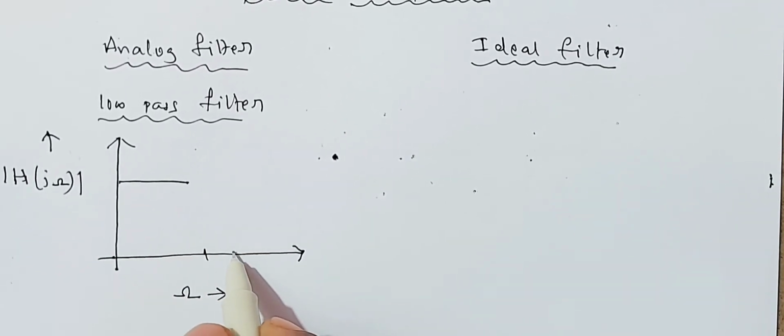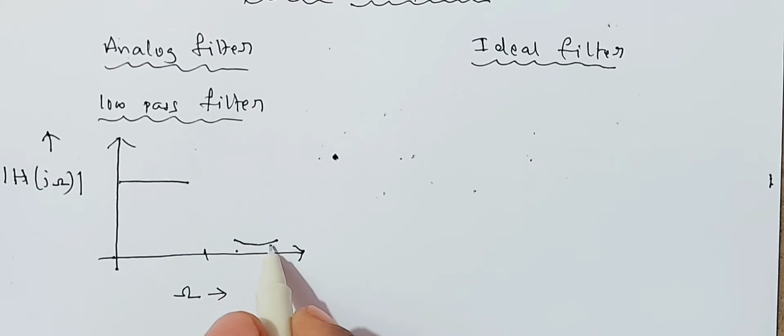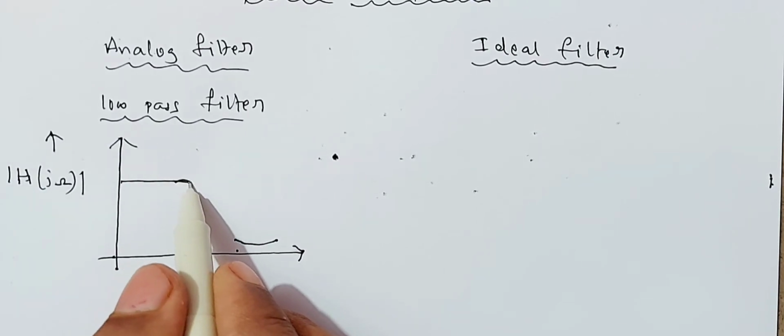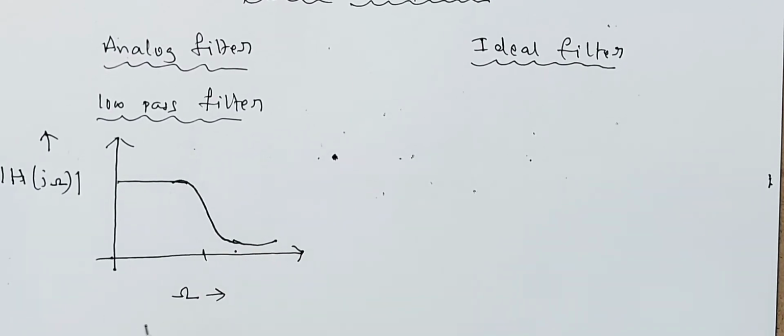And after some high frequency, output stops. This is called pass band, this is called stop band. And there is a transition band between pass band and stop band. Therefore, output falls from pass band to stop band. This is called low pass filter.